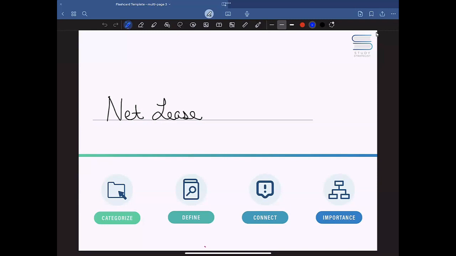So step one is to categorize. What I mean by that is you're going to decide what chapter or what topic it goes to. You'll see what I mean. Number two is we're going to define it, which is a definition. The next step is that we are going to connect the words. Any other vocab word or topic or anything else that has to do with the word, we're going to write down.